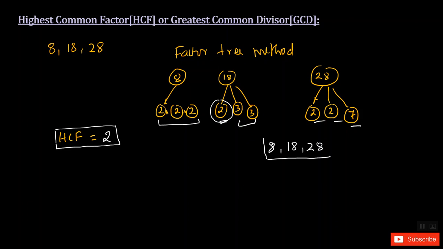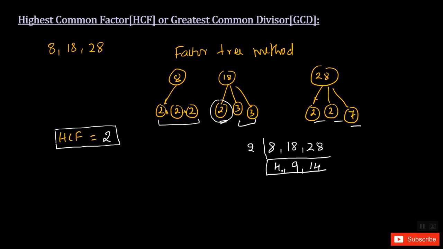The better way is to try to divide by a prime number. As all the numbers here are even, I'll divide by 2. 8 divided by 2 gives 4, 18 divided by 2 gives 9, and 28 divided by 2 gives 14.